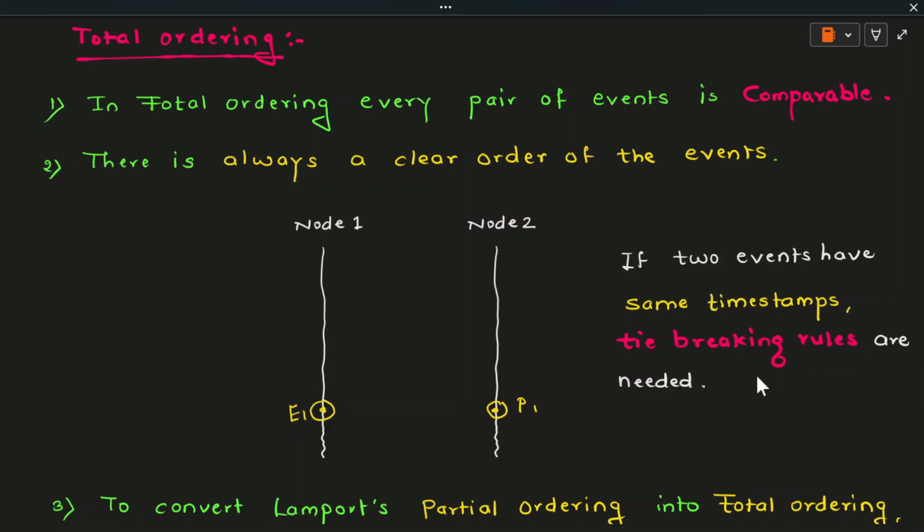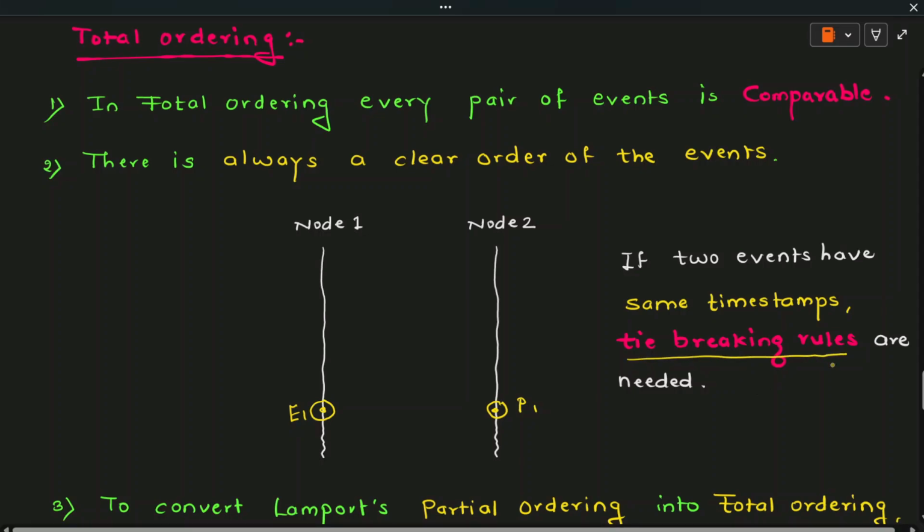Now again node 1 and node 2 are shown. E1 event is getting executed on node 1, P1 event is getting executed on node 2. Now consider that E1 and P1 events have the same timestamps. If this is the situation, then tie-breaking rules are applied for clearly specifying the ordering of such events.